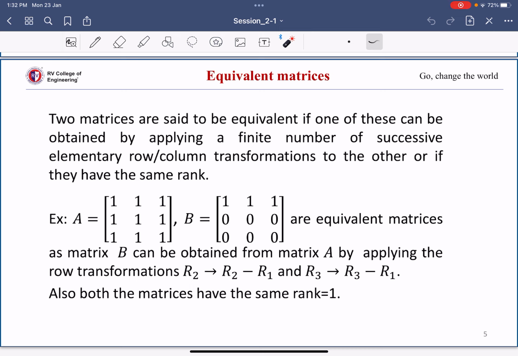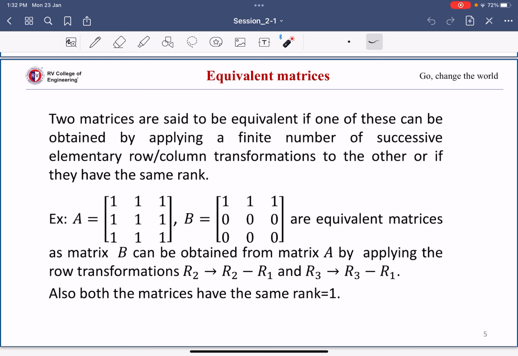For example, you have 2 matrices, matrix A and matrix B. Matrix A is a 3 cross 3 matrix with all elements equal to 1. Matrix B has the first row as 1s and the remaining 2 rows are completely 0.